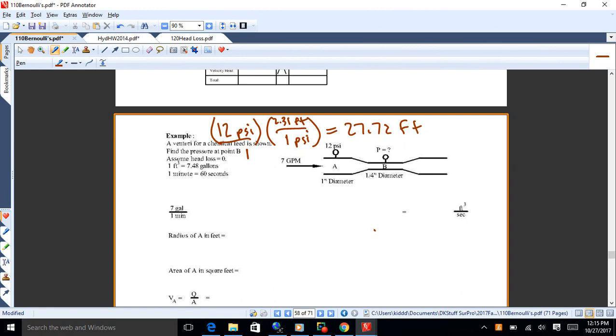So we are going to have to concern ourselves with velocity on this. So how about getting the 7 gallons per minute into cubic feet per second? So why don't you do that conversion there? It'll be a small number.